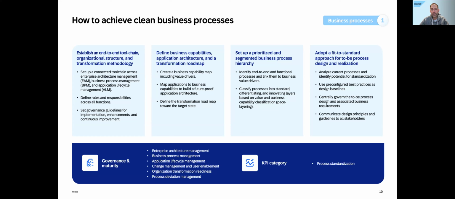And to understand what is now recommended to do, we have created what's called the governance maturity assessment. The governance maturity assessment looks into different, we call them practices, like enterprise architecture management, application lifecycle management, business process management, but also, very obviously, process deviation management, understanding how well you handle process deviations. That is understanding what needs to be done in order to keep a process clean in an organization. What are the actions?